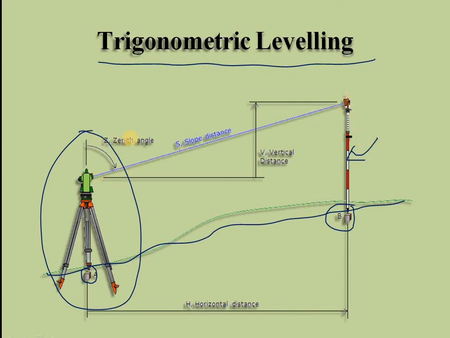This is Z, the zenith angle. The blue center line is the center of the line, or any laser light which appears on the display, and S is equal to the slope distance, and V is the vertical distance.